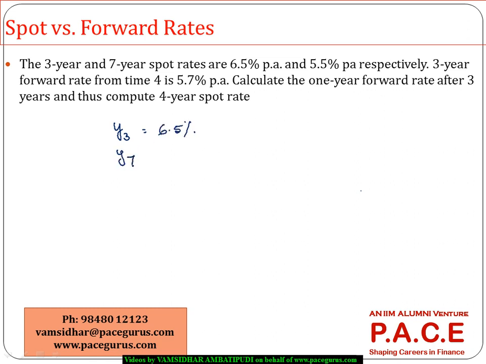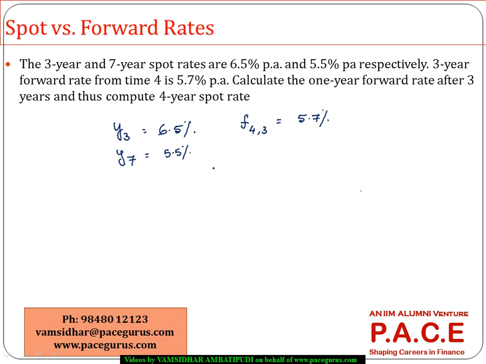And Y7, the 7-year spot rate, is around 5.5%. A 3-year forward rate from time 4, F4 comma 3, is 5.7%.